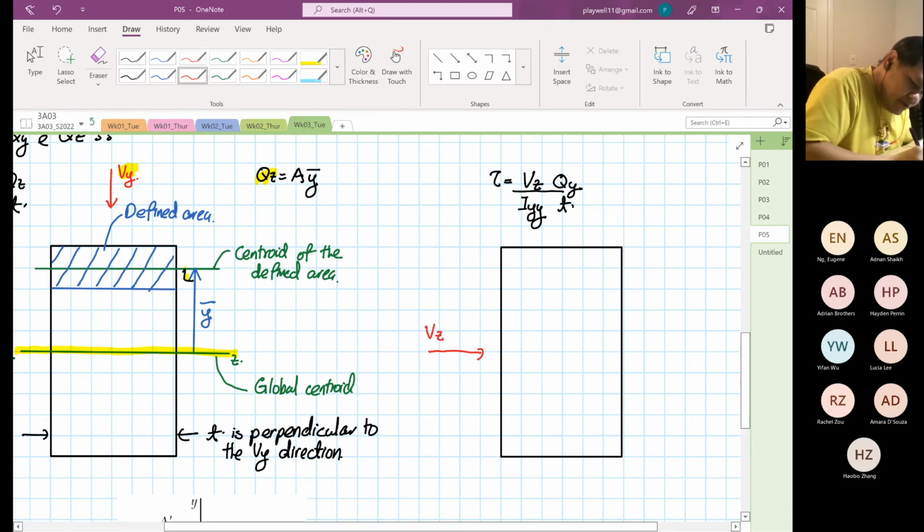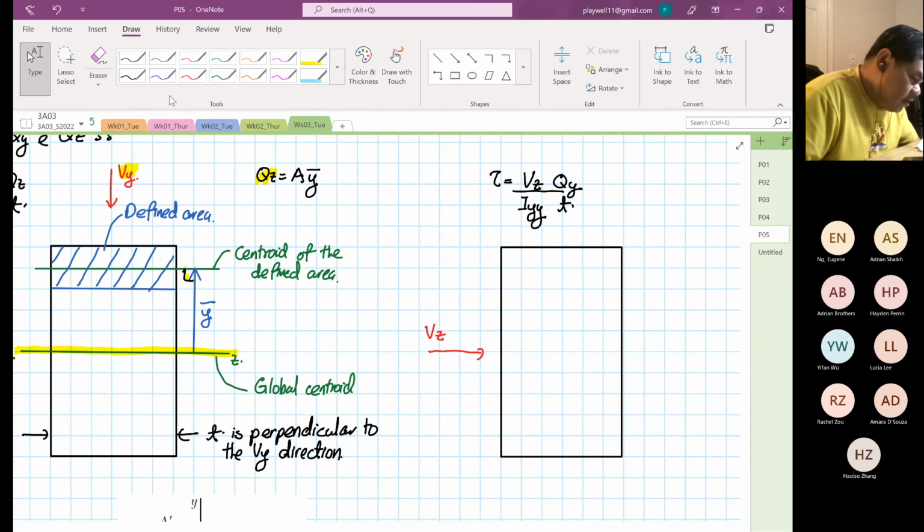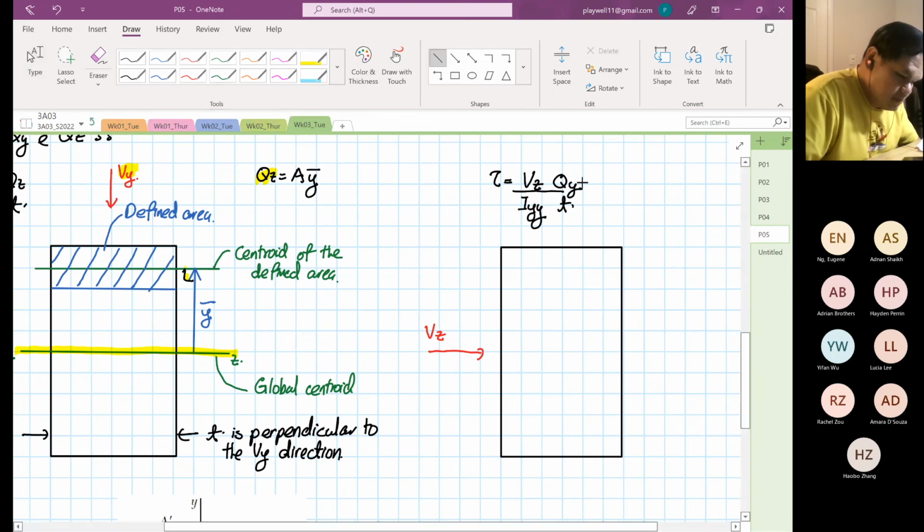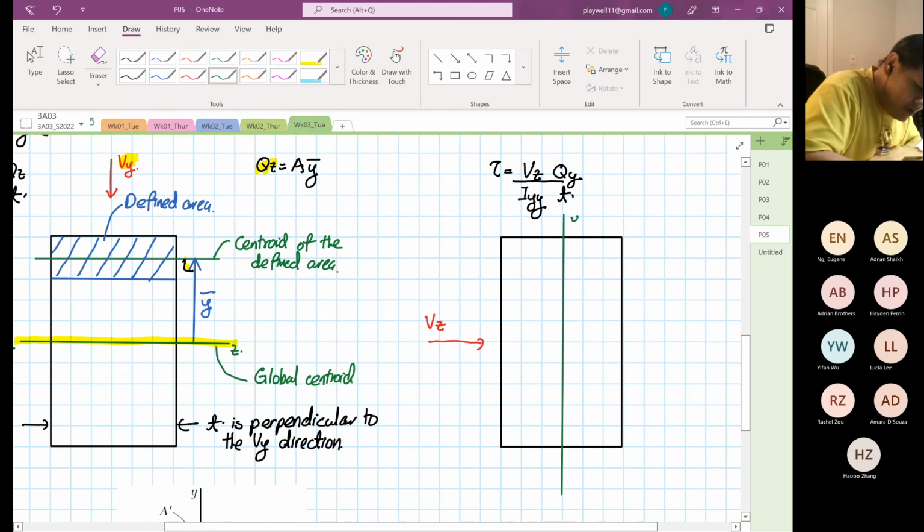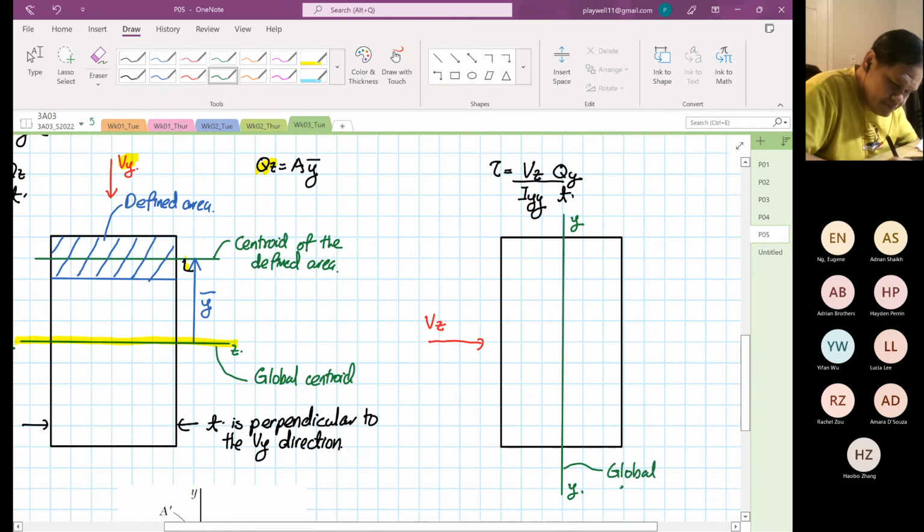When it is Vz, we have to find our Iyy. So the Iyy direction now becomes here. This is Iyy. Again, over here, this is our global centroid.